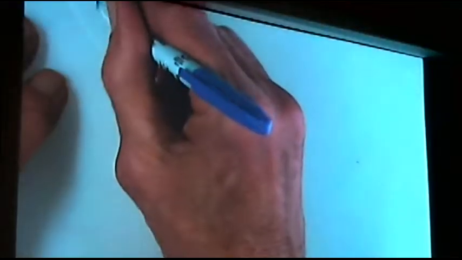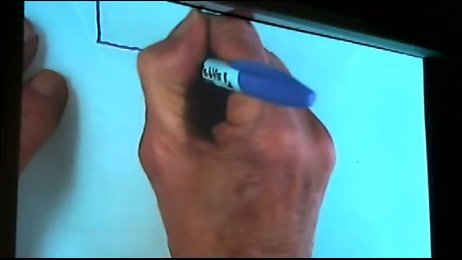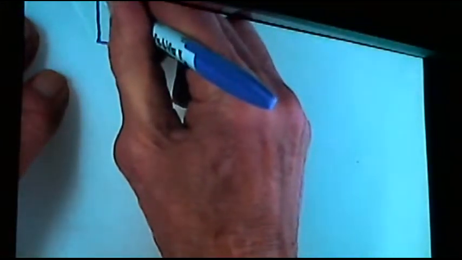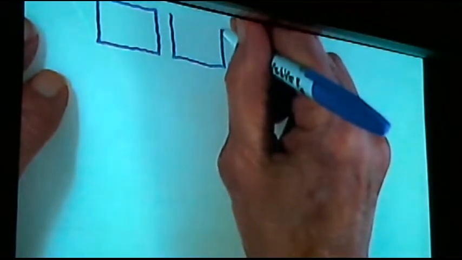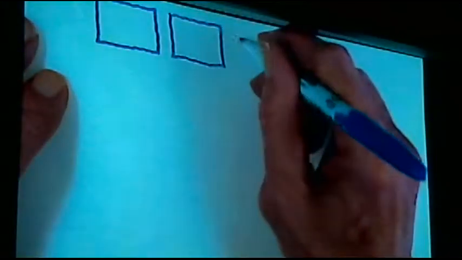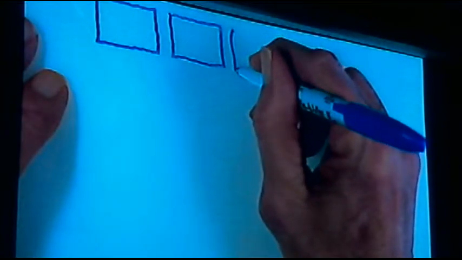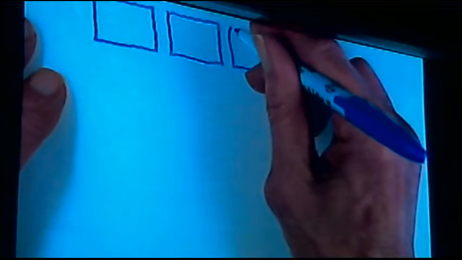For instance, I might have a scene like this. Sorry, you'll have to put up with my artwork here.